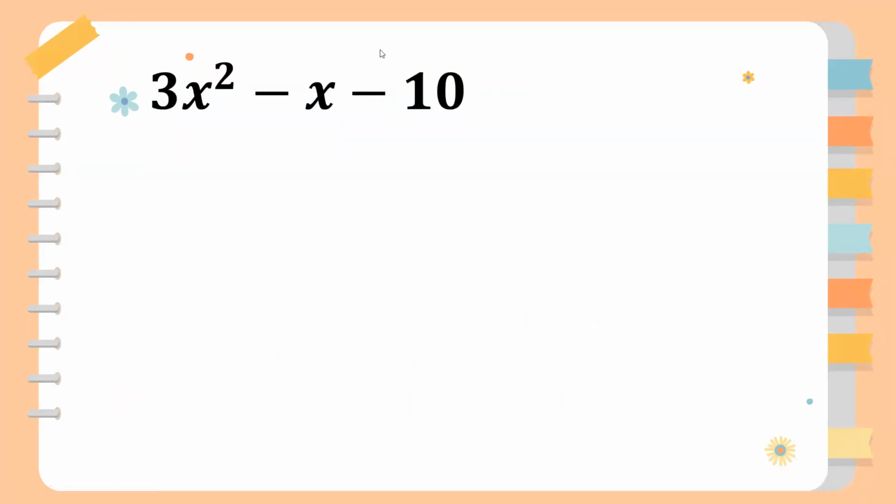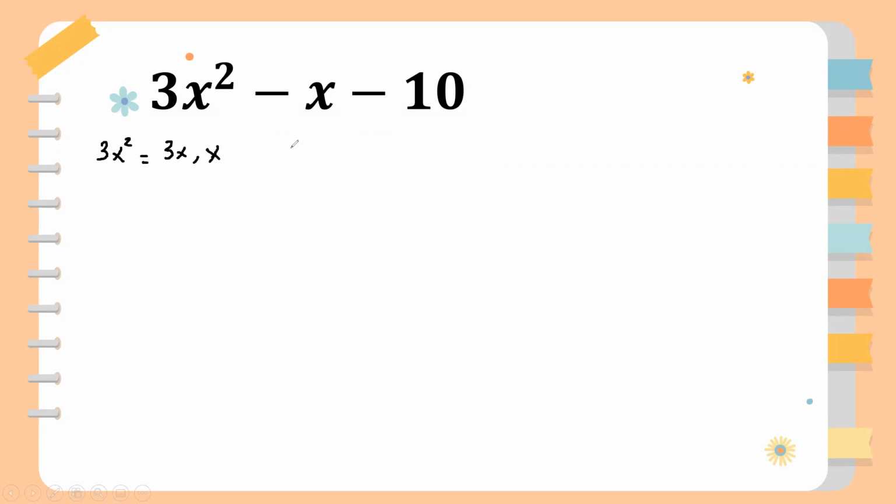So, we have 3x squared minus x minus 10. Okay? So, we have the value of 3x squared minus x minus 10. Kunin na muna natin yung factors ng first and last term. So, what are the factors of 3x squared? So, we have 3x times x.